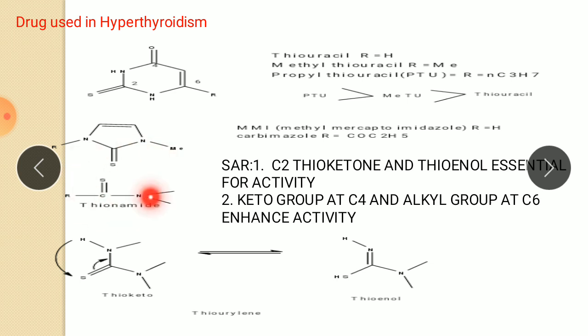Thionamide means R, C double bond S, and this N. So here is C double bond S, thio. Amide means amide, so here is nitrogen, here is R. So thionamide is the class of drug used in hyperthyroidism.